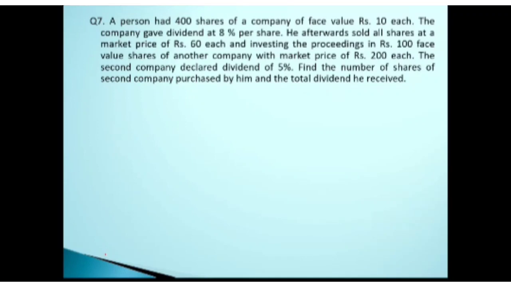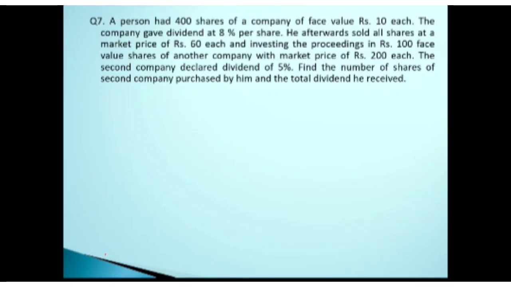After some time, that person sold all the shares at the market price of rupees 60, and using whatever amount he received, he again purchased shares of another company whose face value is rupees 100, and the market price of the second company is rupees 200.